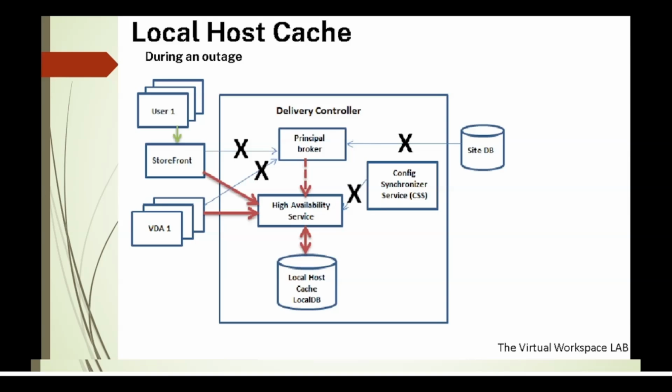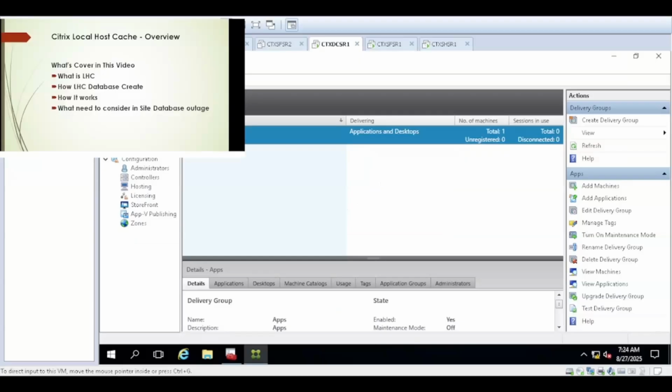After that, the high availability service accepts the new connection brokering requests and uses the localhost cache database, and users will be able to launch the application. So now we understand what localhost cache is, how the database is created, and how it works.